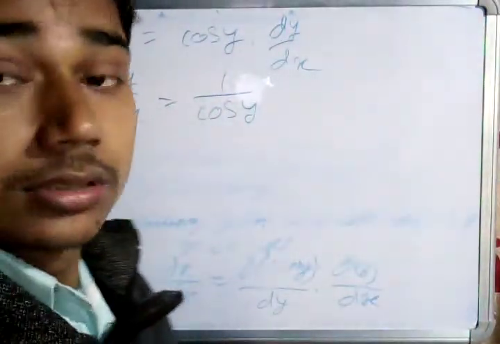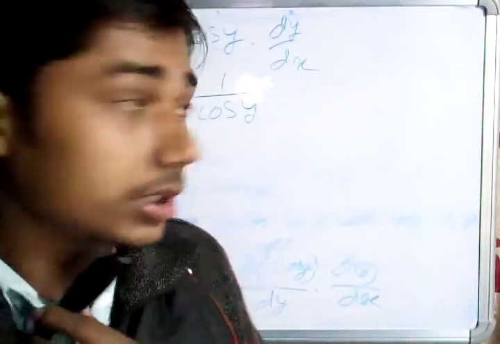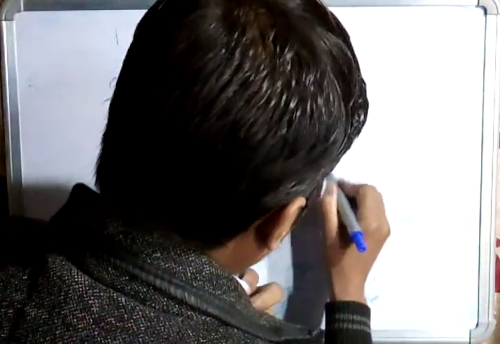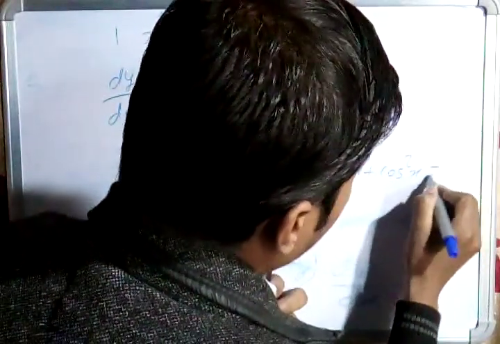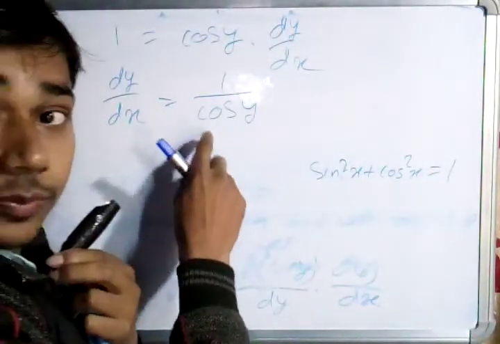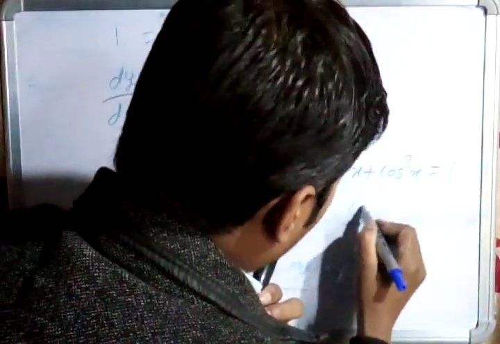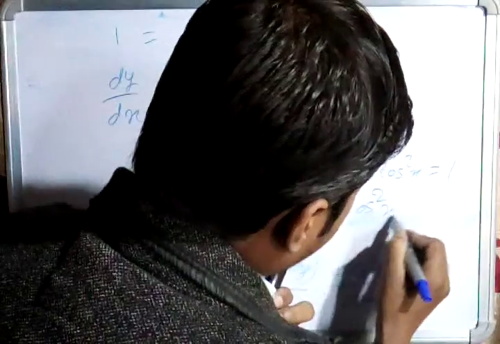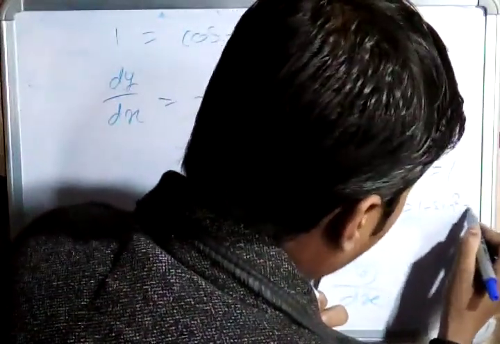And we know that sine square plus cos square is equal to 1. Then we find cos square y is equal to 1 minus sine square y.